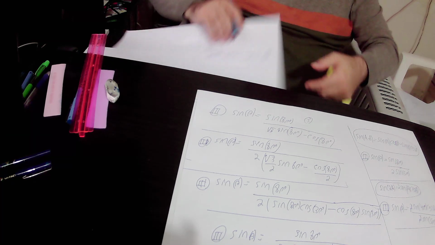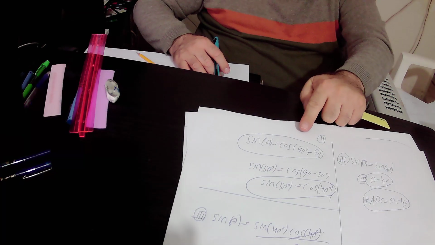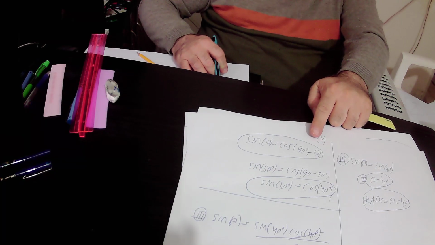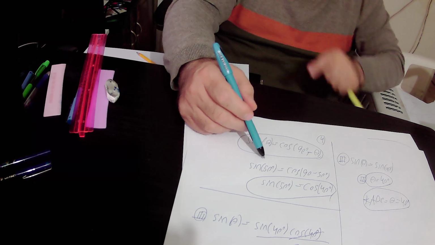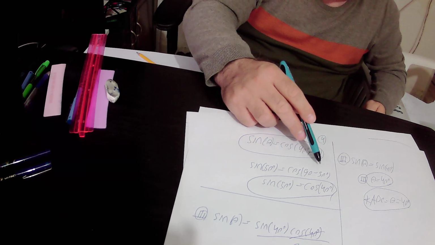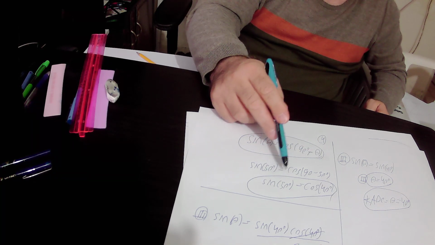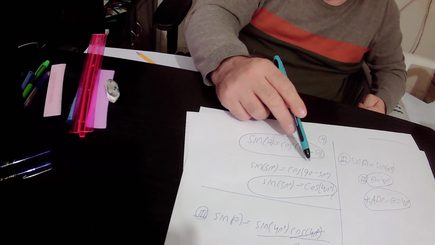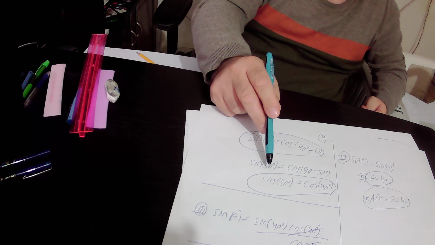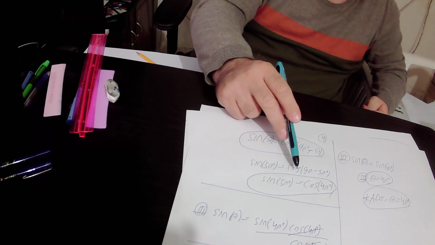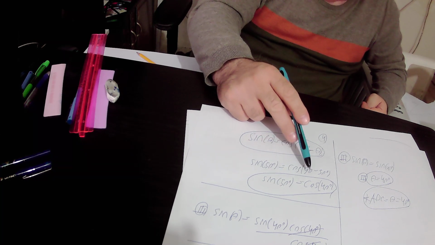And according to the trigonometric identity that sine theta equals cosine of 90 degrees minus theta, we will get that sine 50 degrees equals cosine of 90 degrees minus 50 degrees, that is 40 degrees. So we found out that sine 50 degrees equals cosine 40 degrees.